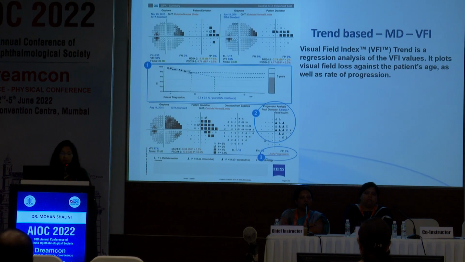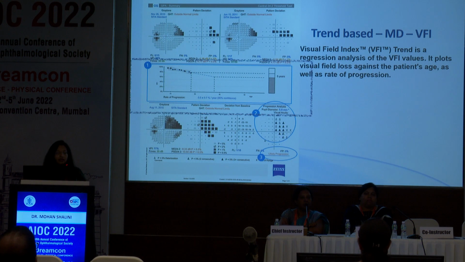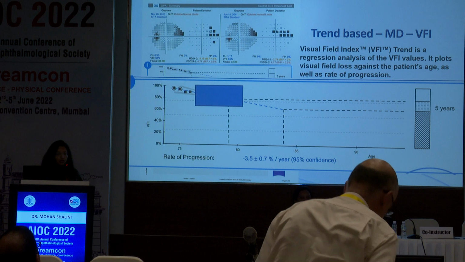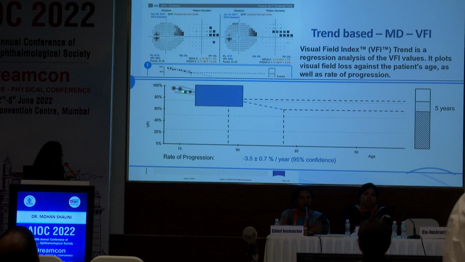Now coming to trend-based analysis in visual field, which is very important to assess the rate of progression, which is given in trend analysis. Now if we enlarge this graph, we see that the first two are the baseline visual fields as we already established. Now the next one is looking depressed, but another visual field is looking a bit improved. So if we see this graph, the patient is looking almost stable.